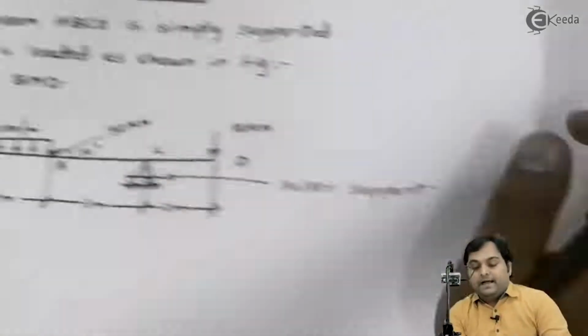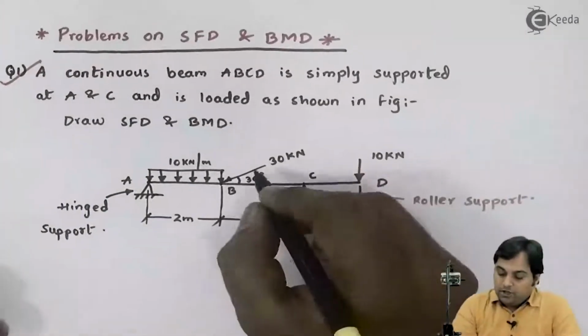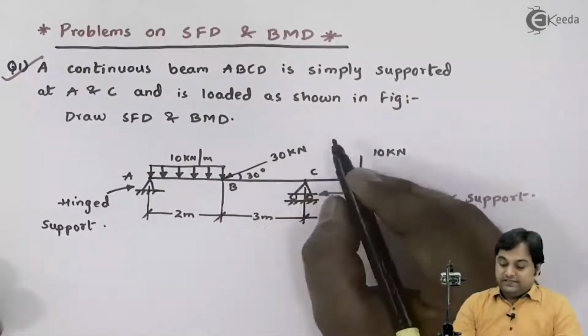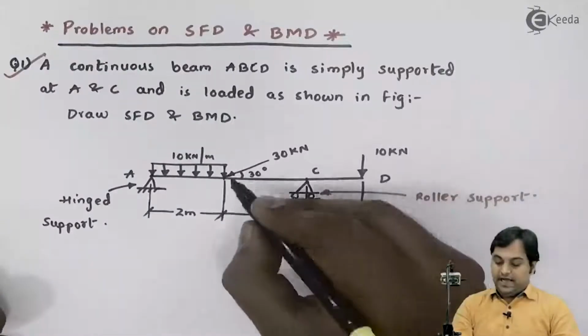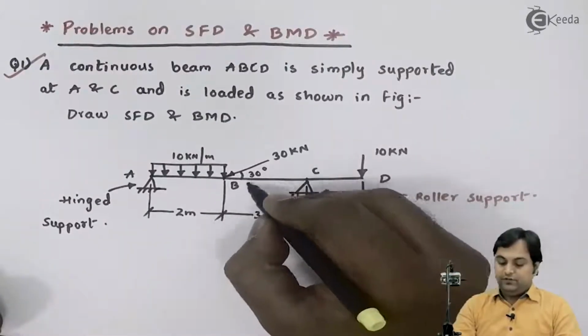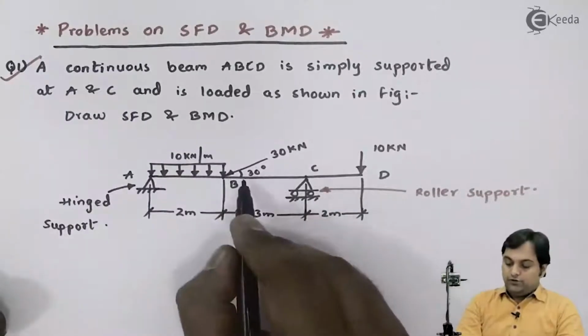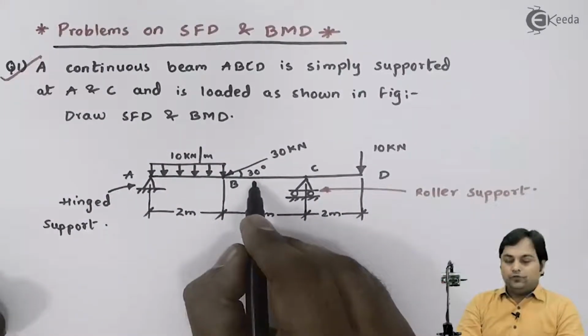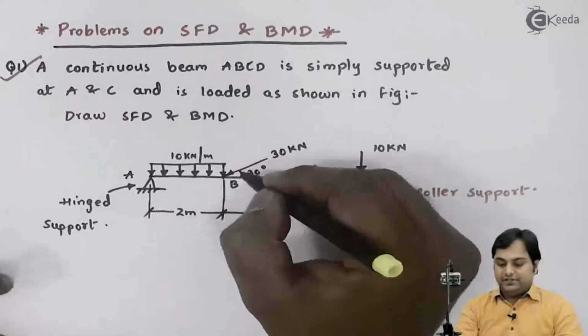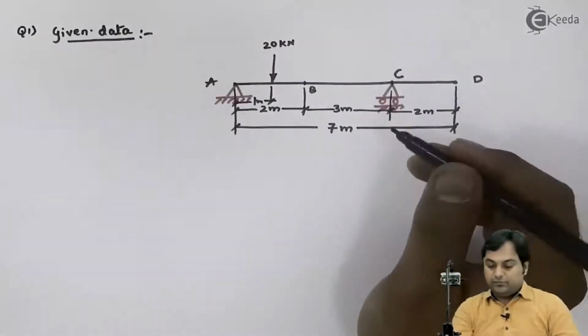Next, at B, the load is inclined. It is having 30 kilonewton value and inclined at 30 degree with horizontal. So this load will have two components. The horizontal component would be 30 cos 30 and the vertical component would be 30 sin 30. So I will be writing the components here.